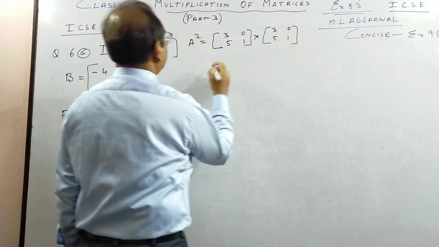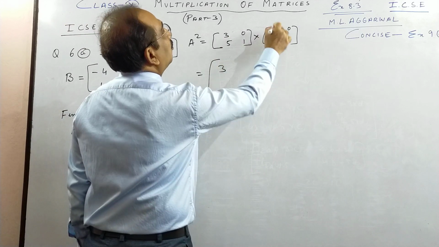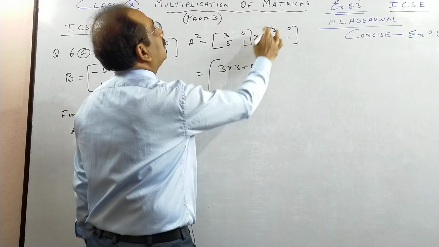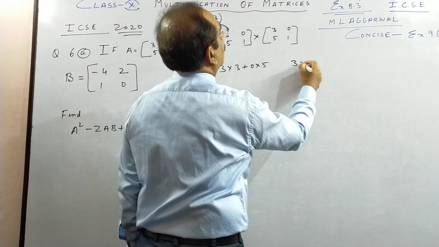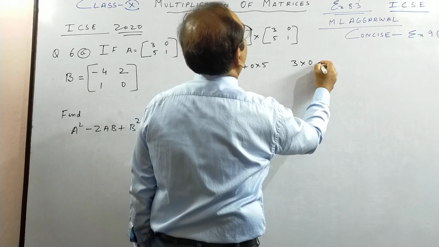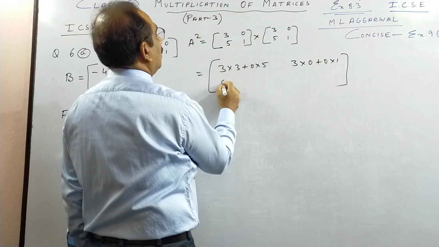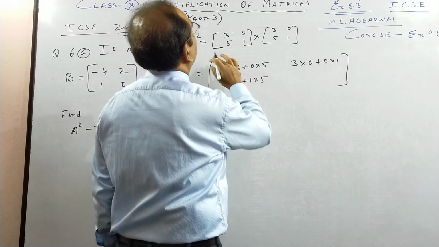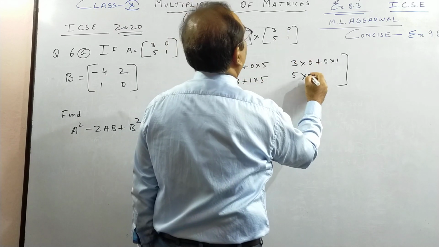As I taught you, first row with first column, 3 into 3 plus 0 into 5, this versus this. Then first row, second column, 3 into 0 plus 0 into 1. Next, second row, first column, second row, second column.